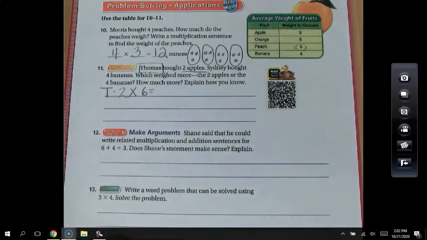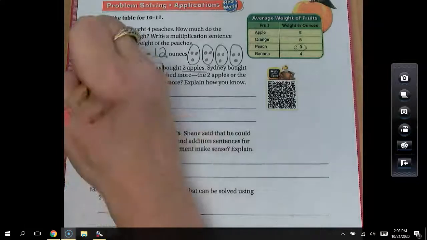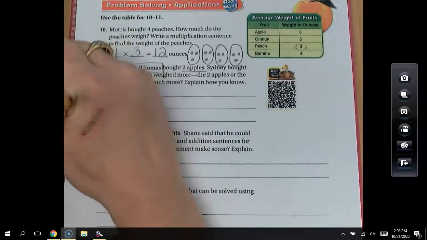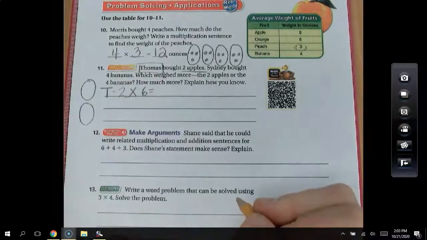Well, let's figure that out. You have a couple ways to solve this. You can count up 6 2 times. You can draw 2 groups, or you can count by 2s 6 times.